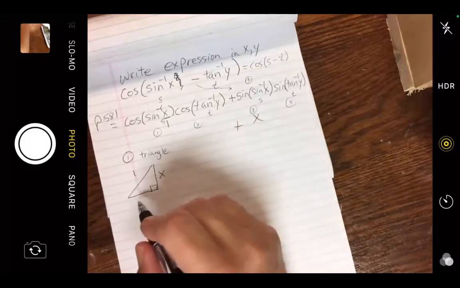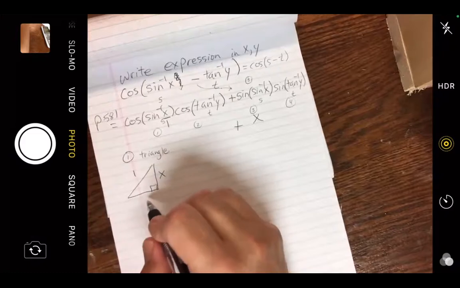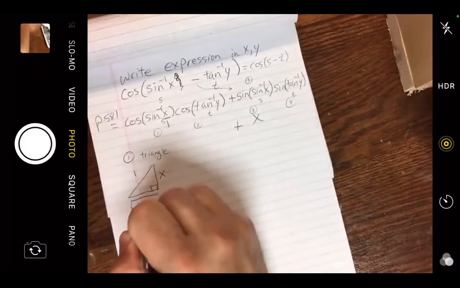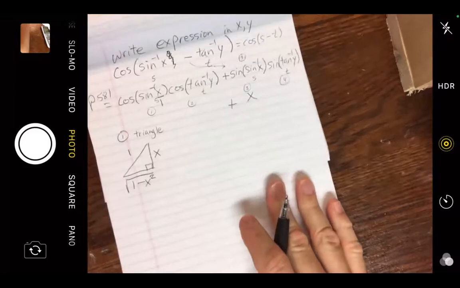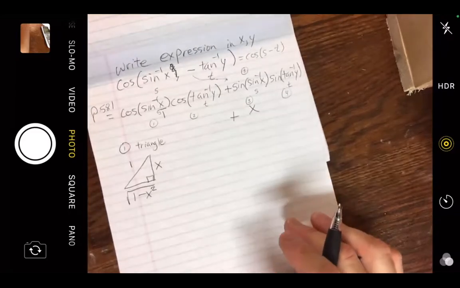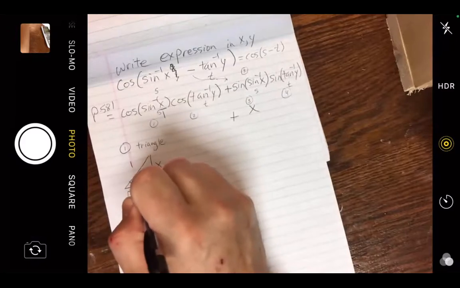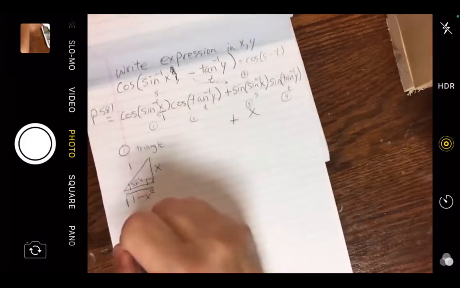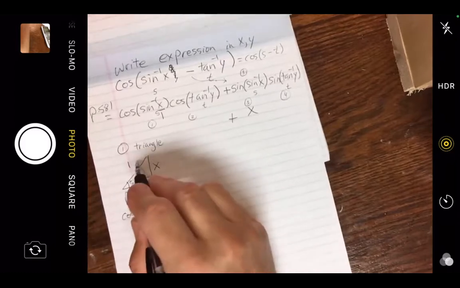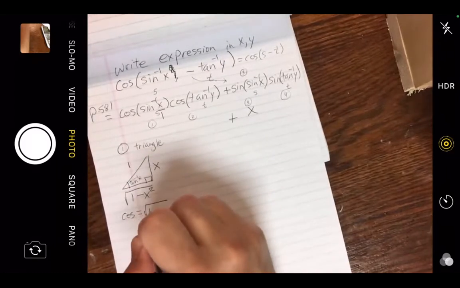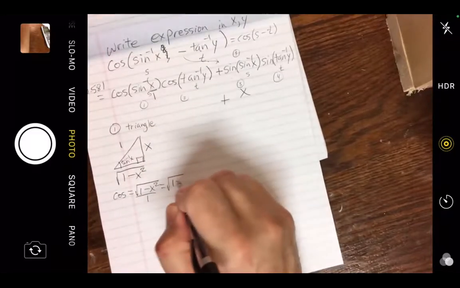And then do you need to see all the algebra to work out this leg, or can you tell it's square root of 1 minus x squared, or does that need explanation? Nah, this doesn't need explanation. Okay. So see, now I can work out the cos. See, this angle is arcsine x. And now I can work out the cosine of it, which is adjacent over hypotenuse. Square root of 1 minus x squared over 1, if you want to see all the pieces, which is just square root of 1 minus x squared.